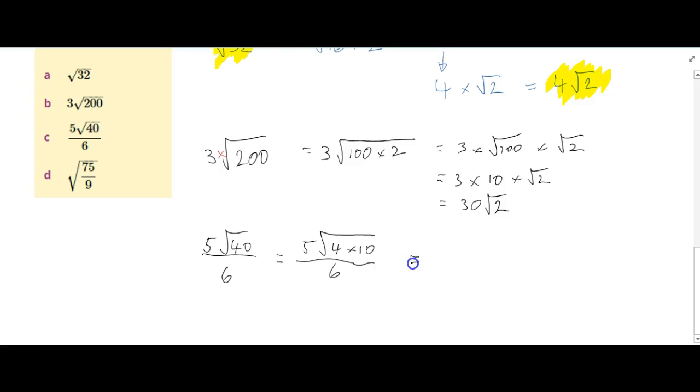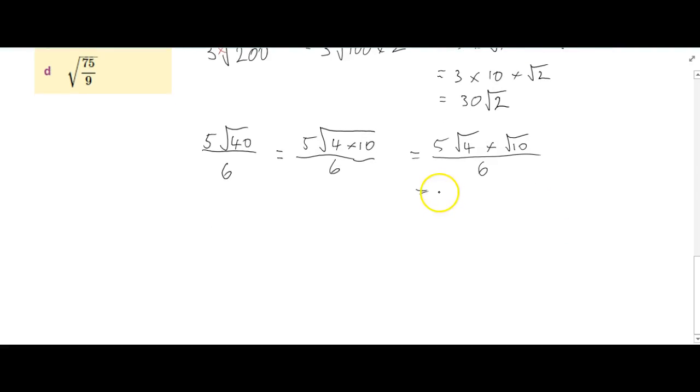Again, I'm showing all these steps at the moment because we're just starting, so I am putting all these in. The square root of 4 will be 2, so 5 times 2 times root 10 over 6. 5 times 2 is 10, root 10 over 6.